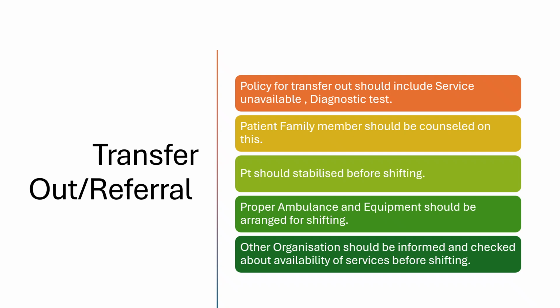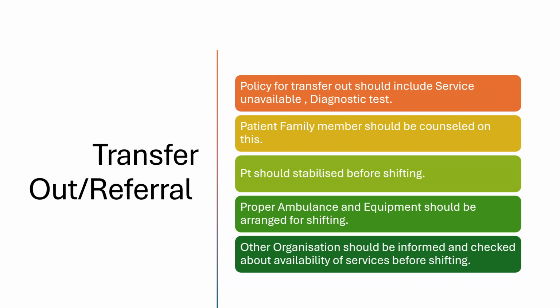For every transfer out of a patient due to unavailability of services, patient family members should be counseled. Before transferring out, the patient should be stabilized before shifting. Proper ambulance and equipment should be arranged for shifting.